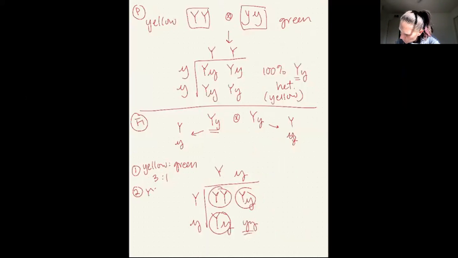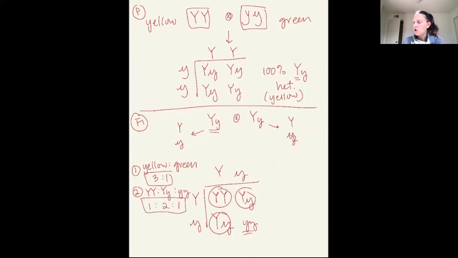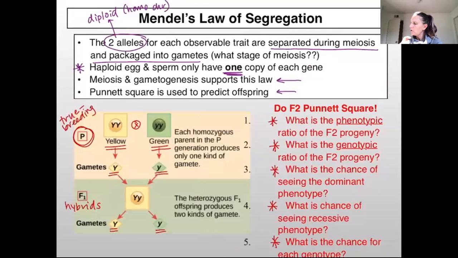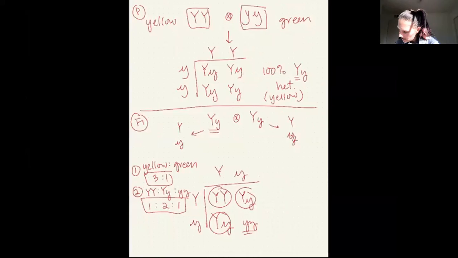So here, remember, we're going to have big Y big Y, which we have 1, big Y little y, which we have 2, little y little y, which is 1. So we have that as the genotypic ratio. Third question, what is the chance of seeing the dominant phenotype? So which is the dominant phenotype?